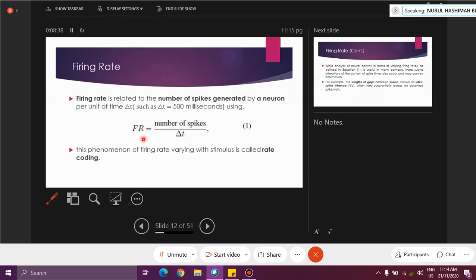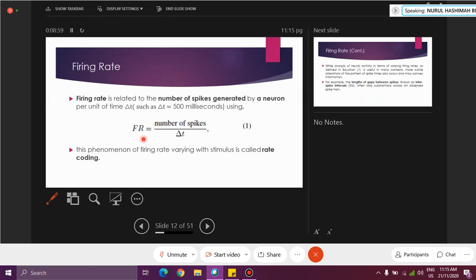So if you have a strong stimulus, your neuron may produce a higher, stronger, or faster firing rate. Or if it's weaker, then it will be slower. So it depends on how strong the stimulus is.